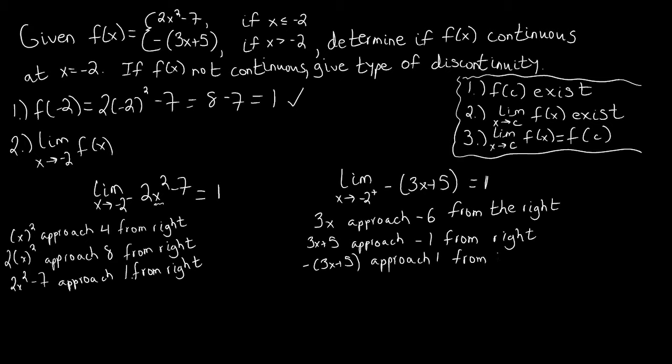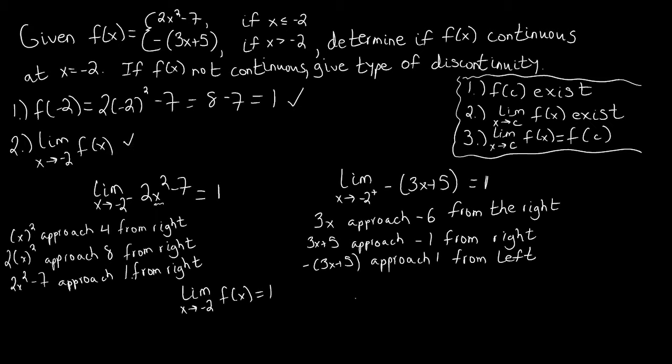When we're analyzing one-sided limits, in order for the limit as x approaches negative 2 to exist, the two one-sided limits have to agree with each other. In this case, they do, so the limit as x approaches negative 2 of f of x equals 1, meaning that part 2 is satisfied. This limit exists, and it's 1.